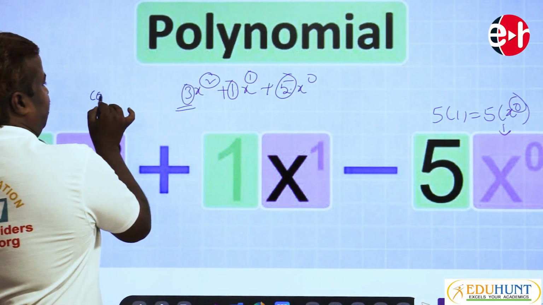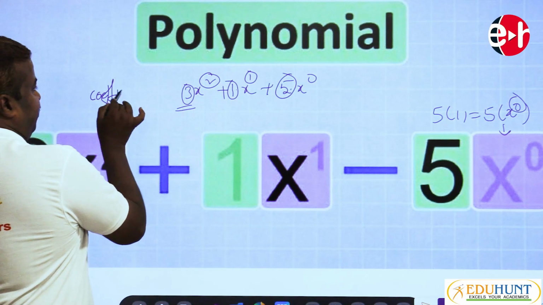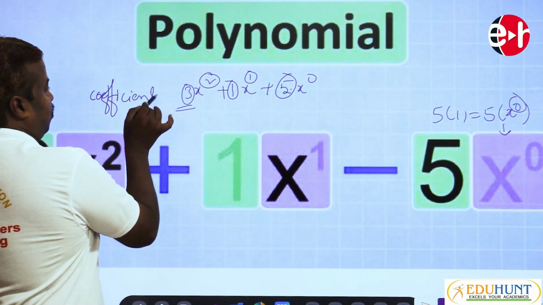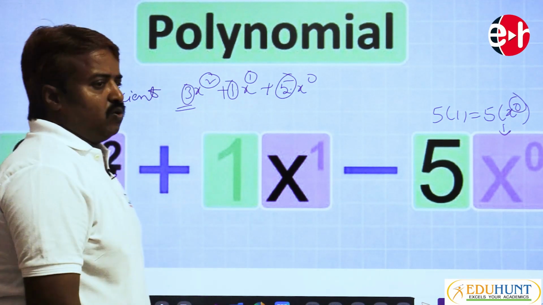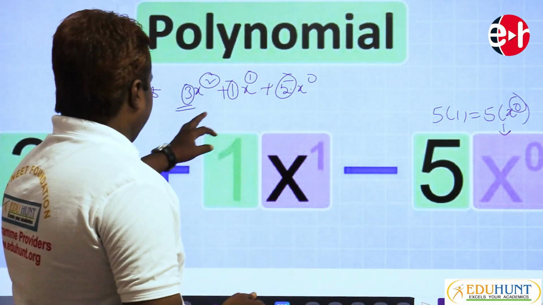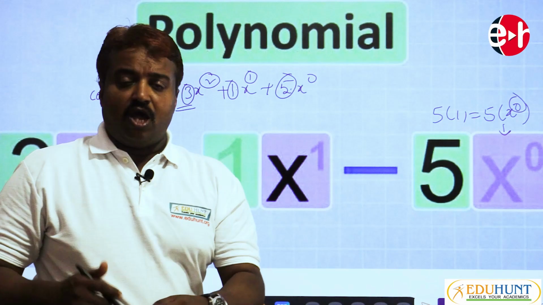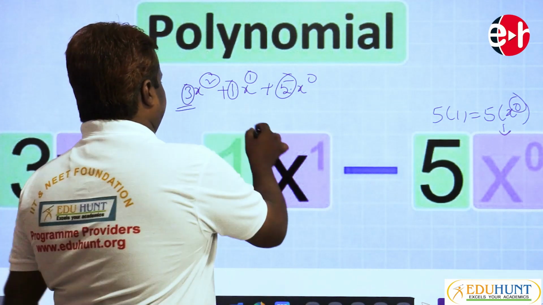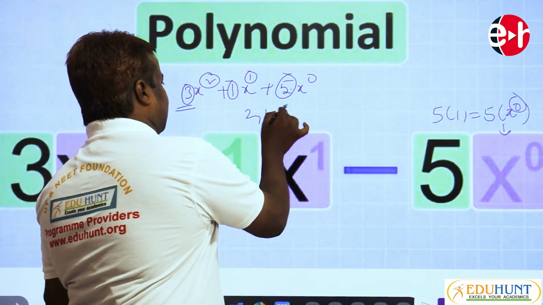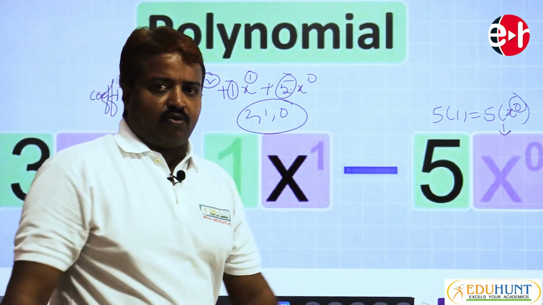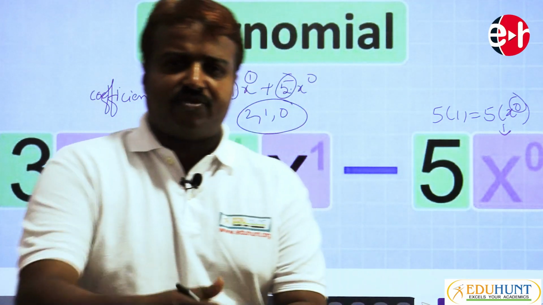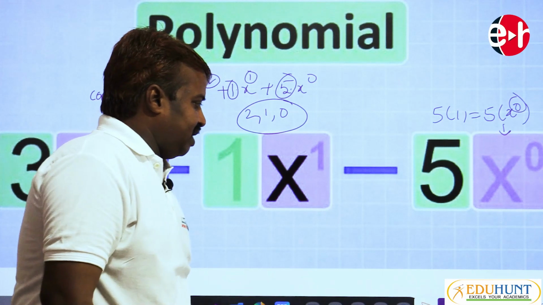In 3x square, 1x, 5, the numbers 3, 1, 5 are coefficients. What are the exponents here? 2, 1, 0 are the exponents, children. This is one example of the polynomial.